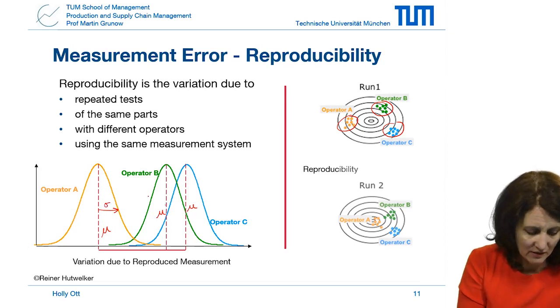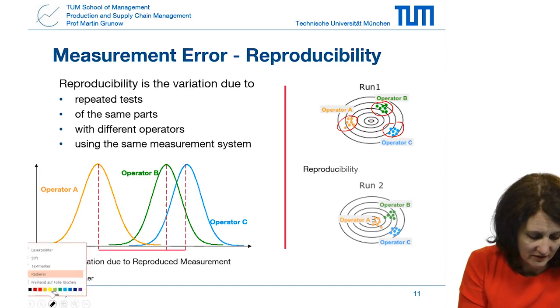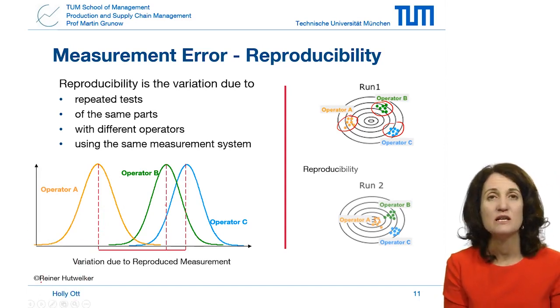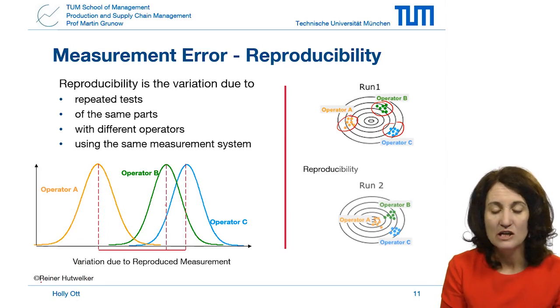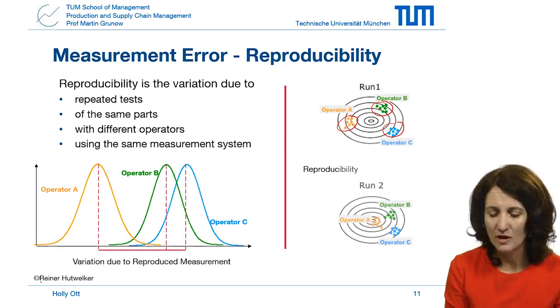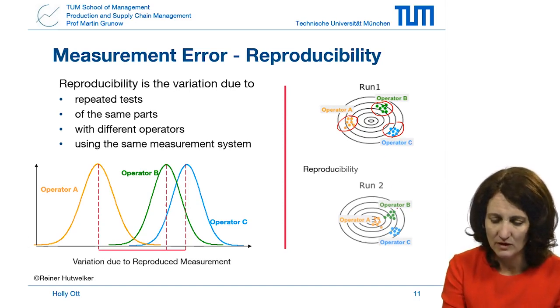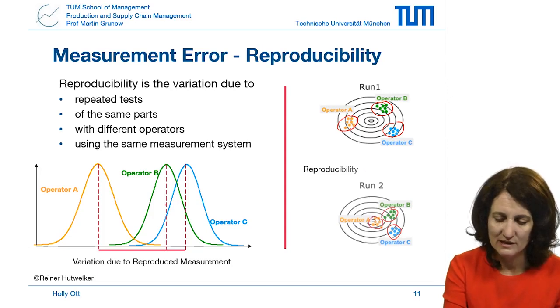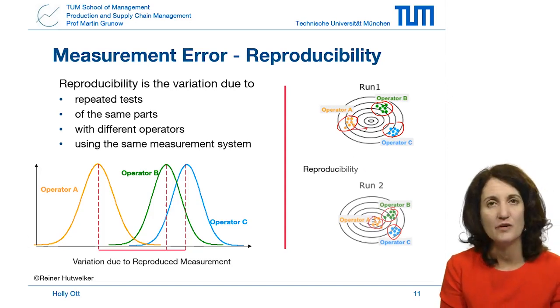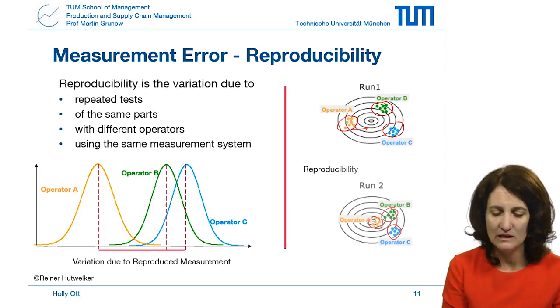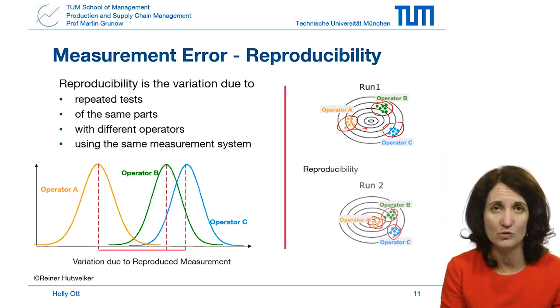We're interested in the difference between the operators in this case. We're interested in the variability on the same part with the same equipment, but tested by a different operator. Operators A, B, and C give actually similar results. Operator A has drifted towards the center there. So in this example we have variability due to the individual operators.